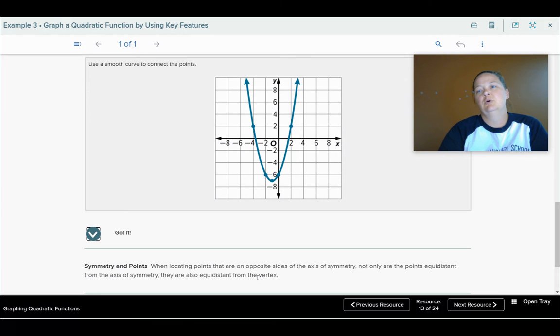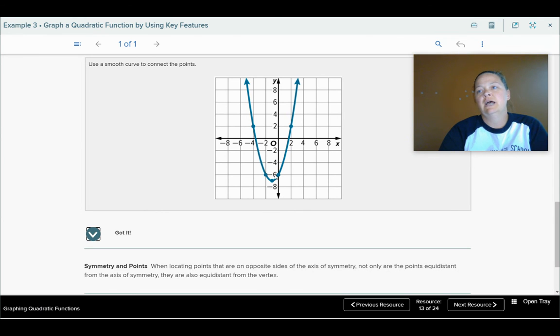When locating points that are on opposite sides of the axis of symmetry, not only are the points equidistant from the axis of symmetry, they are also equidistant from the vertex. Okay, so this is at negative 1, right?